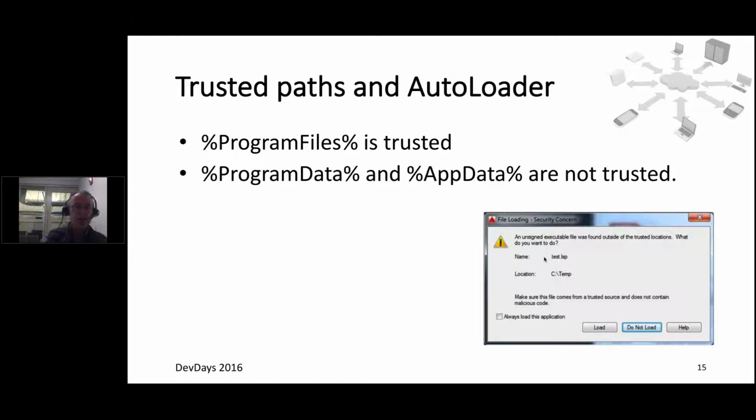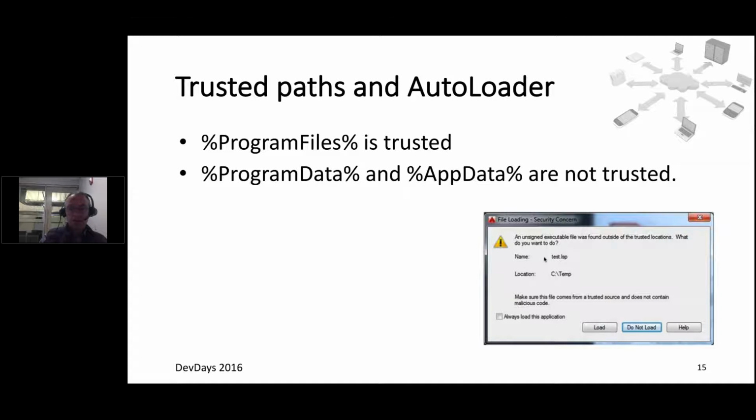So basically anything in Program Files we trust. So you don't necessarily have to sign anything that you deploy to the Program Files directory, because the way AutoCAD views that is if you've given somebody access to install malicious code in your Program Files directory, you have more serious problems than we can fix for you anyway.